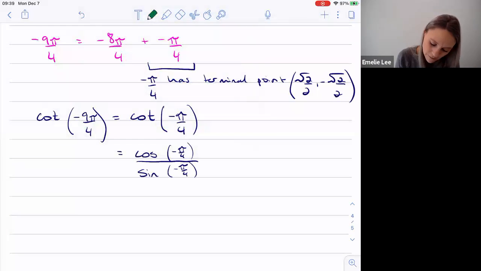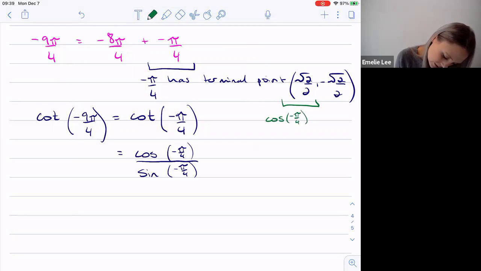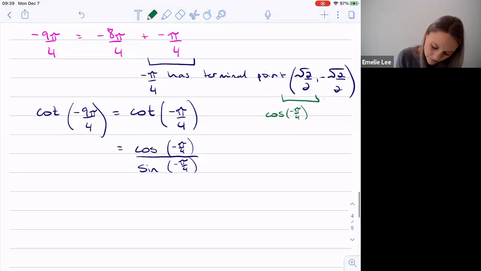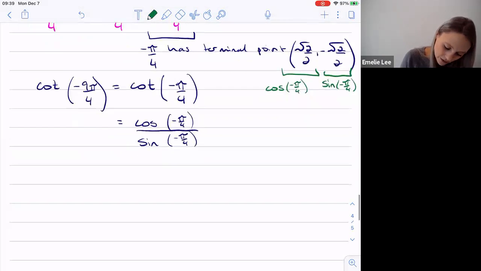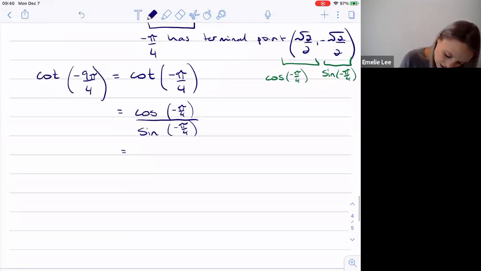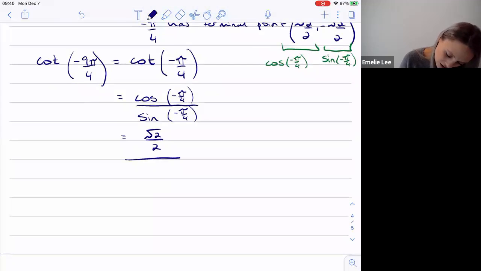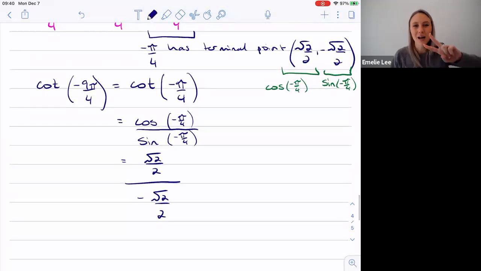So here, the cosine of negative pi over 4 is root 2 over 2. And again, the sine of negative pi over 4 is negative root 2 over 2. So here we go, we just plug and chug now. The cosine of this thing is root 2 over 2 divided by the sine of this thing, which is going to be negative root 2 over 2. I've got a fraction over a fraction, so what I need to do is flip and multiply the denominator.